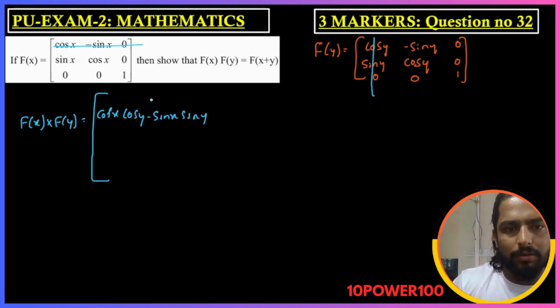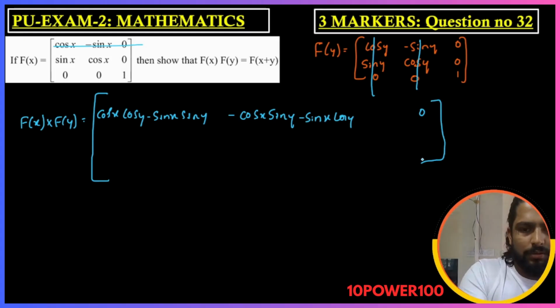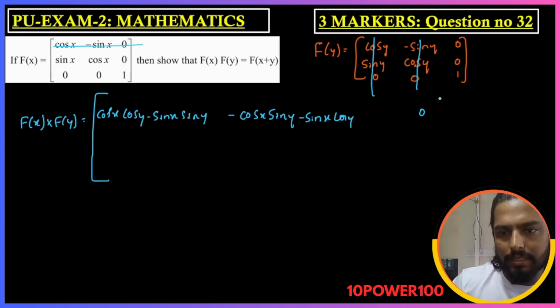So 0 into 0 is 0. Now first row, second column, cos x into sin y minus sin x into cos y. Okay, the last one in the row is 0 because 0 into anything is 0. So you get 0 there.